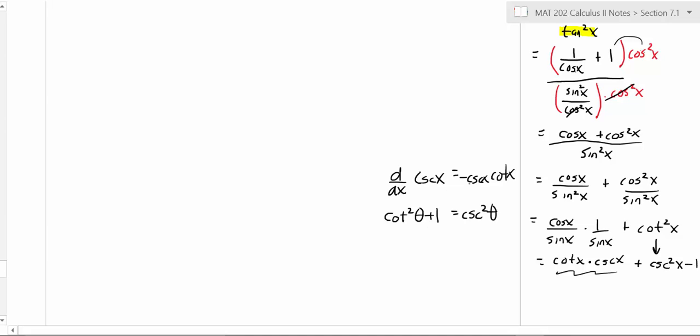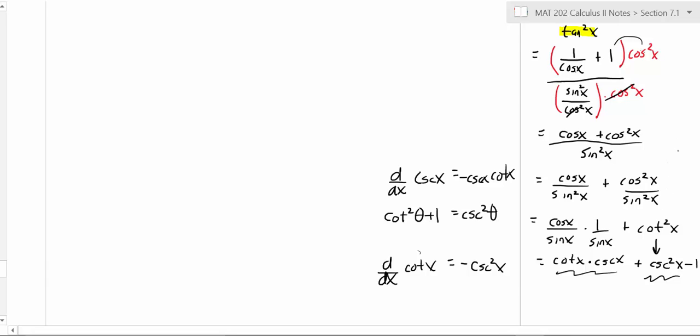Now, why is that important? Well, because there is a trig function that we differentiate. Namely, if you do the derivative of the cotangent of x, you get negative cosecant squared x. Okay, so that's something that we can integrate there, and then of course we can integrate 1.